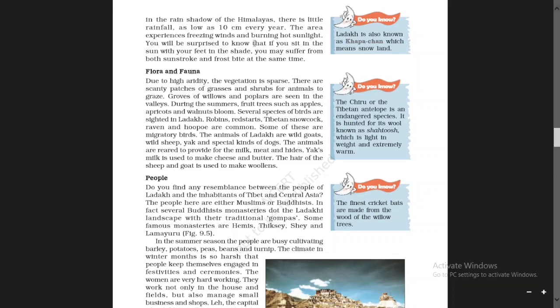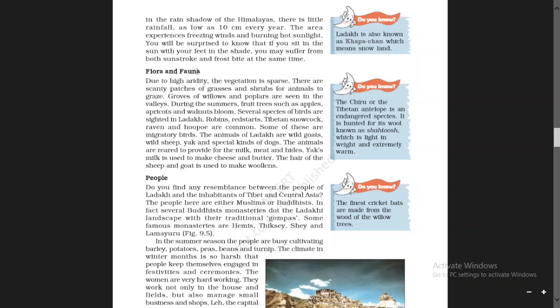You will be surprised to know that if you sit in the sun with your feet in the shade, you may suffer from both sunstroke, or overheating, and frostbite, which means injury to body tissues caused by exposure to extreme cold, at the same time.